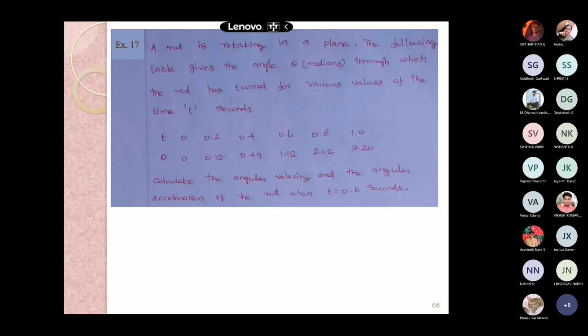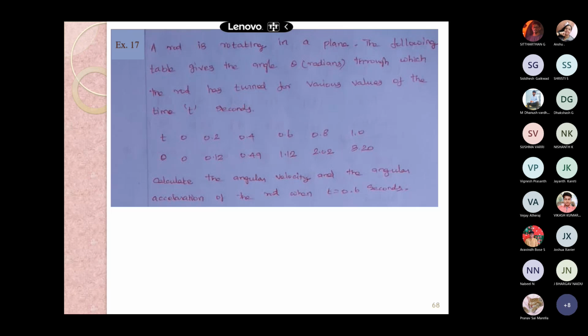When t is 0.2, theta is 0.12, and it continues till 1 second. For 1 second, theta is 3.2. Calculate the angular velocity and the angular acceleration of the rod when t is equal to 0.6 seconds.